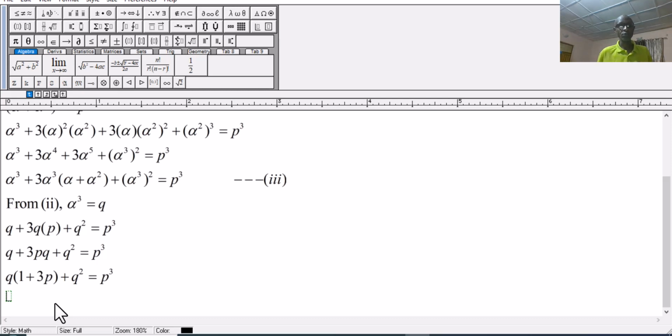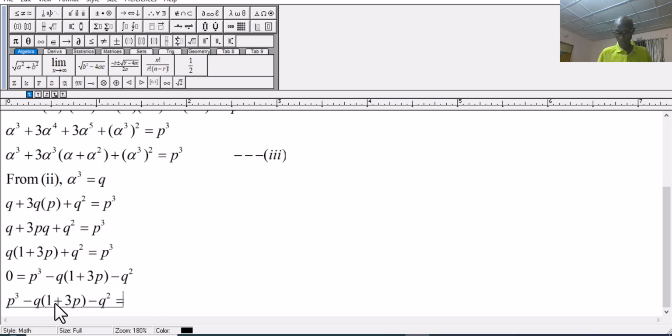We now have 0 equals p cubed minus q(1 plus 3p) minus q squared. I can rewrite this as p cubed minus q(3p plus 1) minus q squared equals 0.